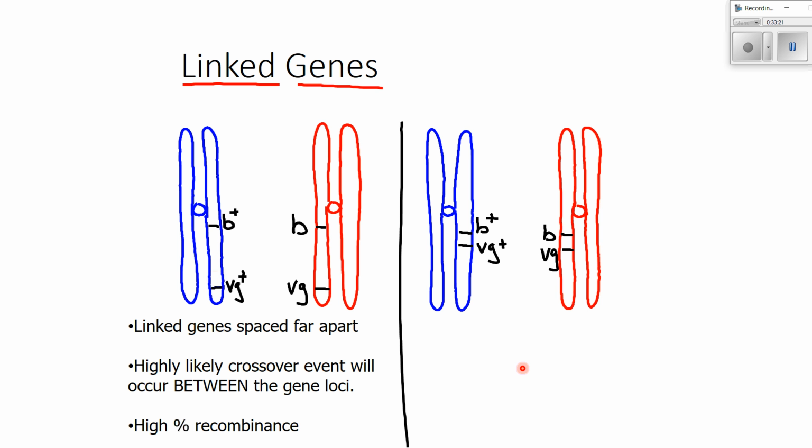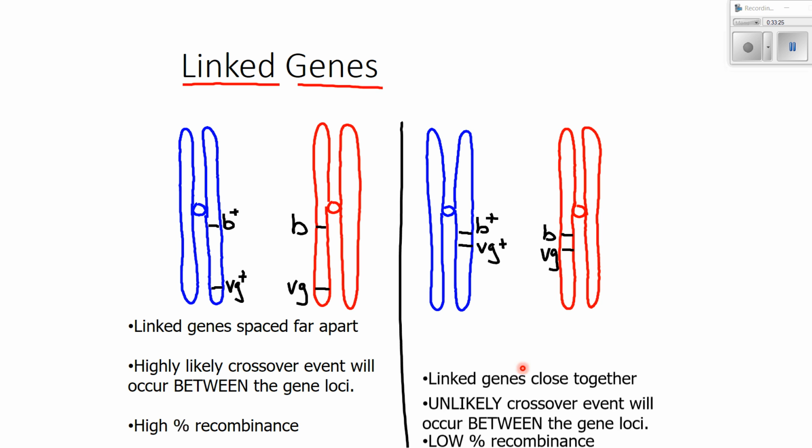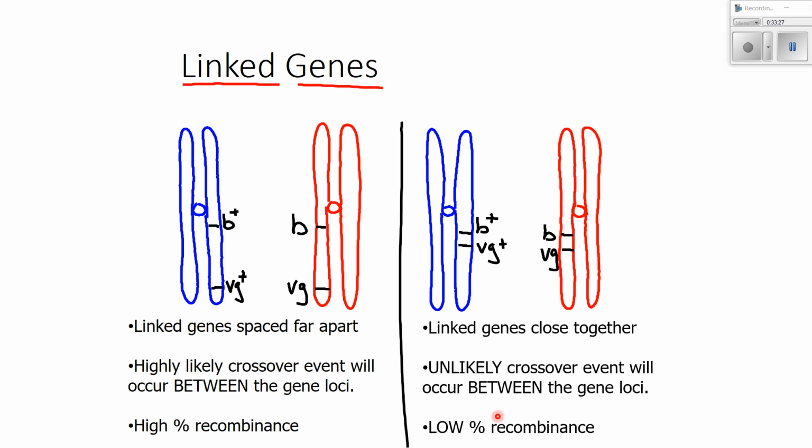If, however, that percentage calculation turns out to be a low number, we call that low percent recombinance, that simply means that the genes are really, really close together. And so it's very unlikely that the crossover break would happen in between them.